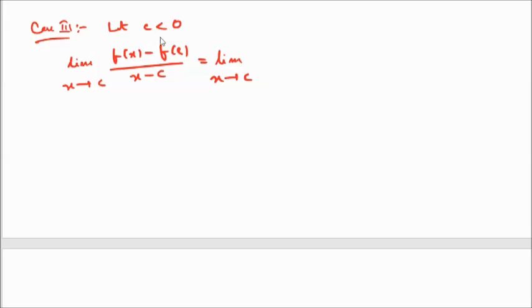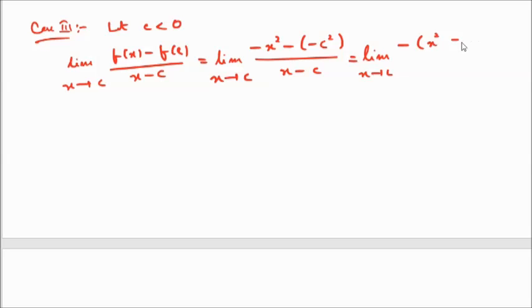Now since c is negative, my f of x will take minus x square, and my f of c will become minus c square, divided by x minus c. If I take minus common, I will be left with minus x square minus c square by x minus c.